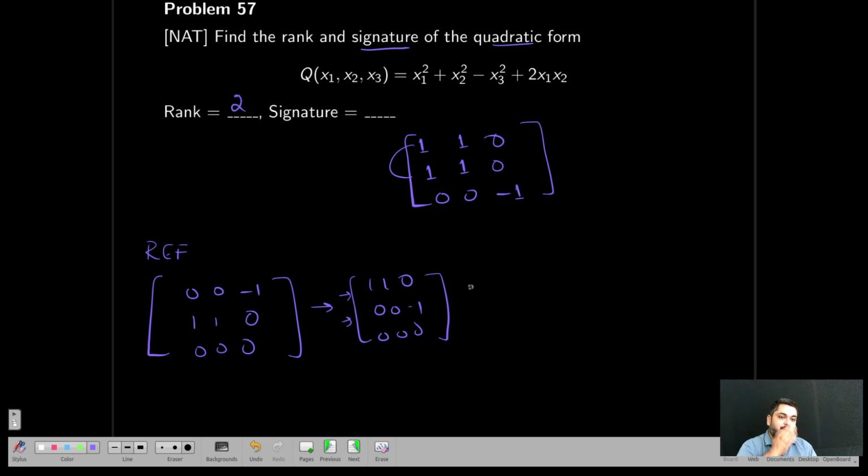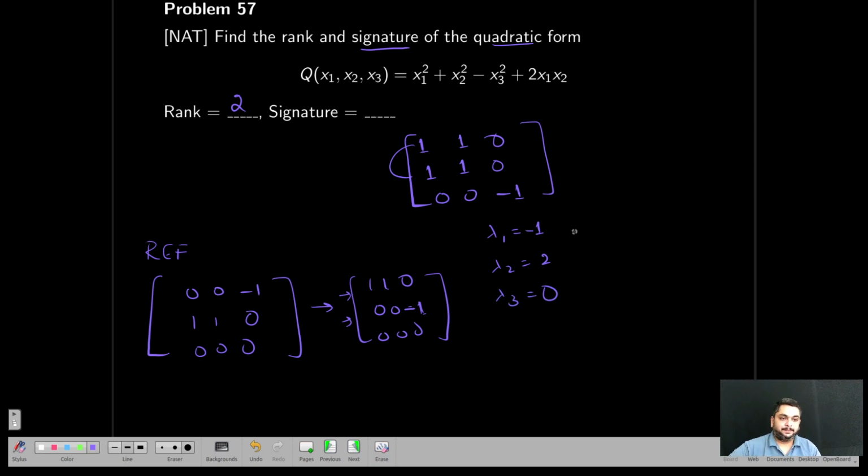What is signature? For a signature, you have to find out how many eigenvalues are positive or negative. The signature means the number of positive eigenvalues, the number of negative eigenvalues, and the number of zero eigenvalues. So for this, I will get the eigenvalues as lambda 1 equal to 1, lambda 2 equal to minus 1, and lambda 3 equal to 0.